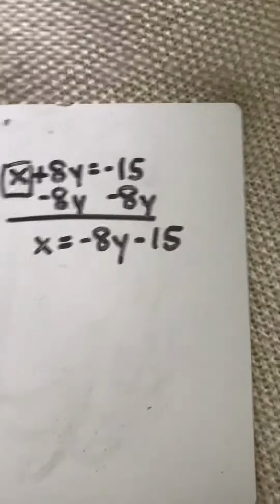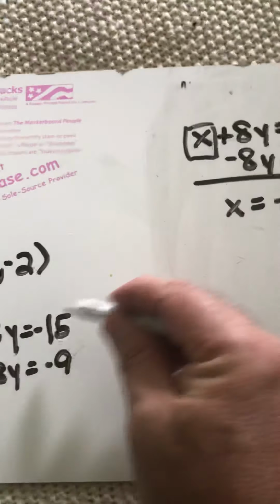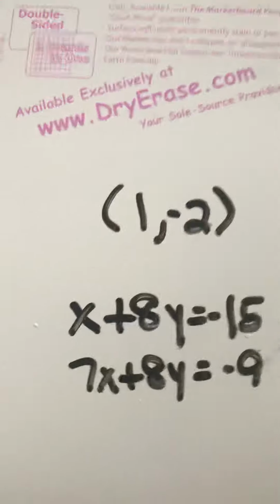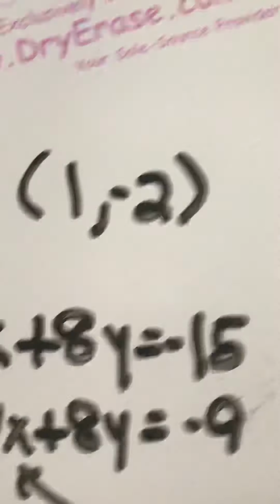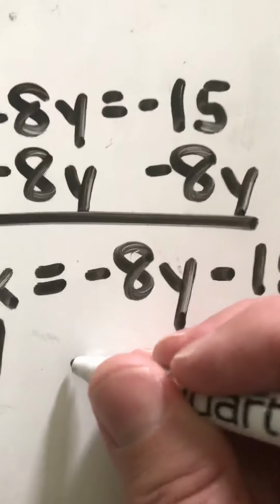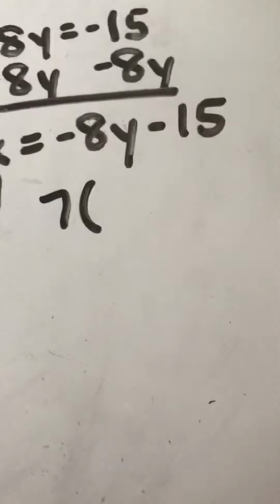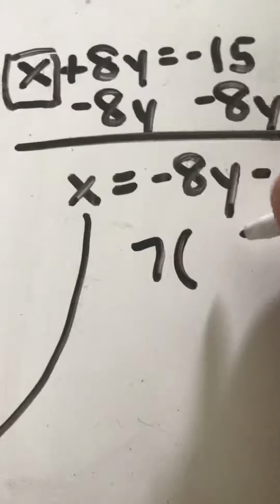Okay, so now we've solved for one of the variables, and we're just going to plug it in to our other equation. So we're going to replace the x with negative 8y minus 15 in this equation. So down below that, I've got 7, remember we're replacing the x with negative 8y minus 15.